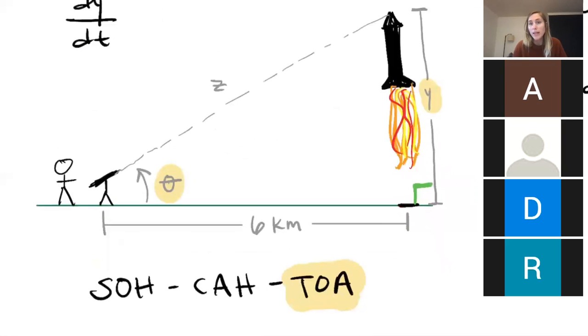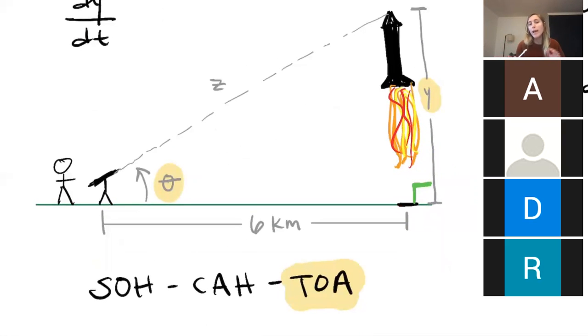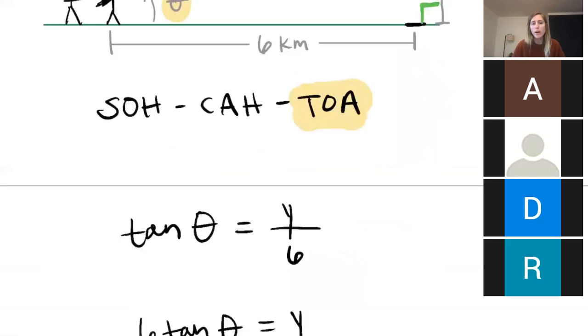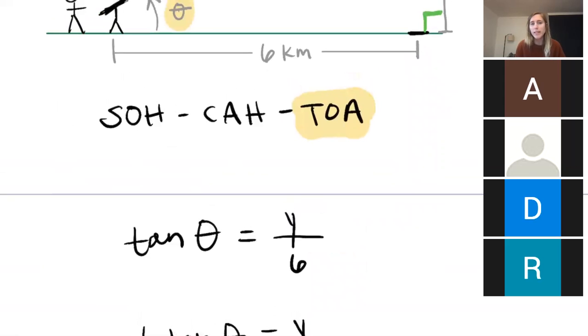Because we want an equation that has y and theta, since y is opposite theta, and we are given the side adjacent to theta, and that's not changing, we're able to plug that value in. Before we differentiate, we can plug the 6 in. We are able to come up with tan theta equals y over 6 in order to relate theta and y.